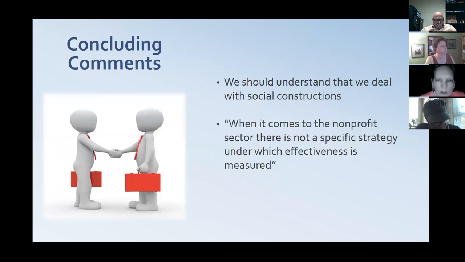I don't think it's an either-or. I think it is both. We have to create assessment processes, evaluative processes that allow us to demonstrate both, that we are doing the right thing and we're doing the thing that we do the right way.